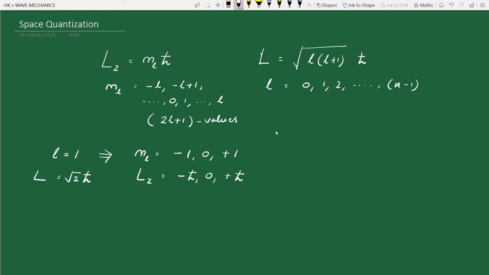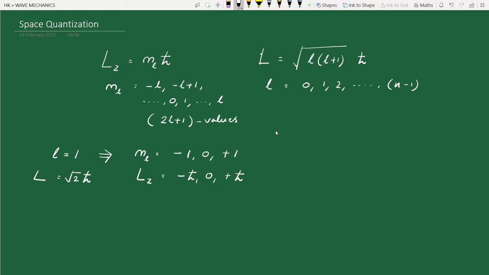Visualizing it is not possible, or whatever visualization we try to do will be partially erroneous. So we have to keep that in mind. So we can have this idea that the electron is a charged particle.